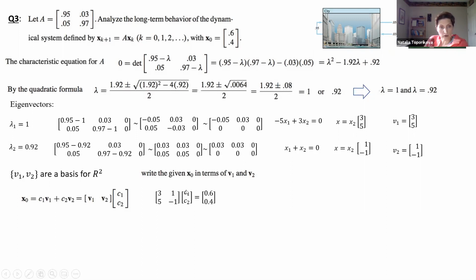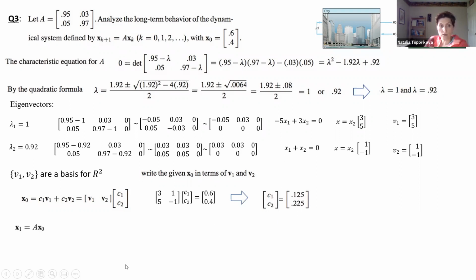What we're trying to do is solve this matrix equation for the weights c1 and c2. At this point of the course, you should know at least three different ways to solve this equation. You can use elimination, the echelon form, or the inverse matrix. As a final result, you should get the values of c1 and c2: 0.125 and 0.225.